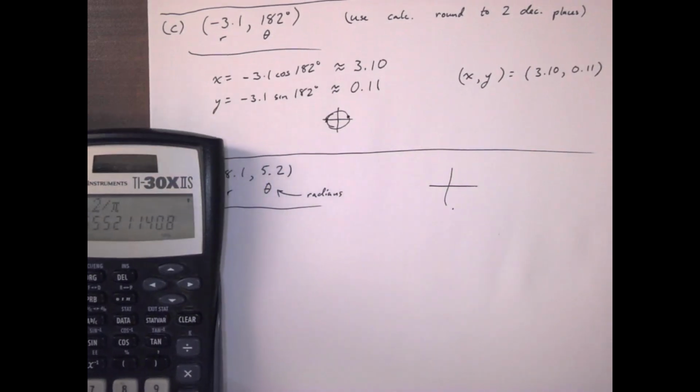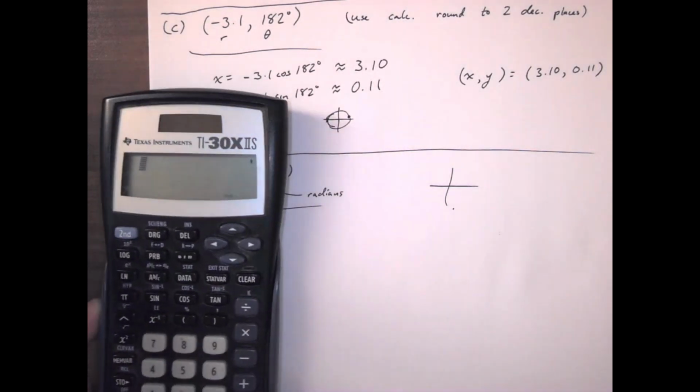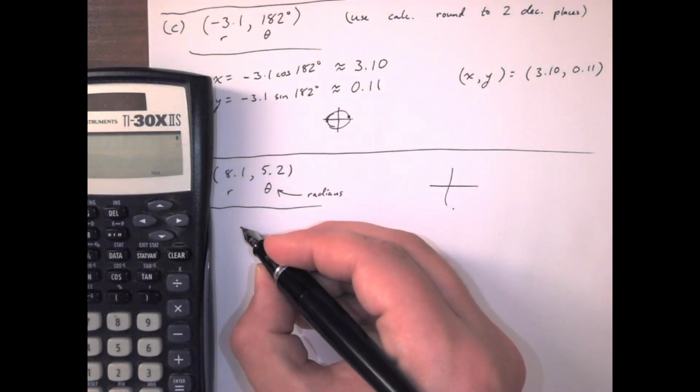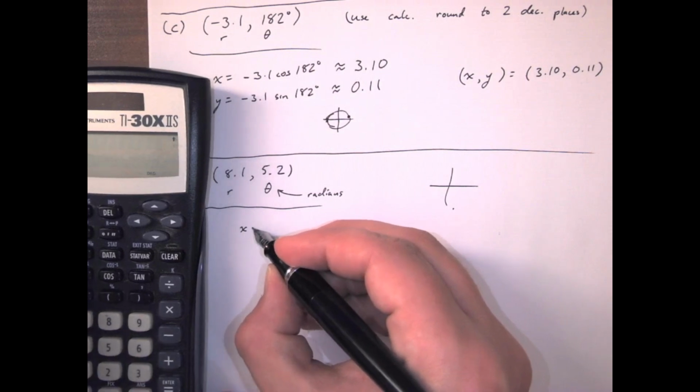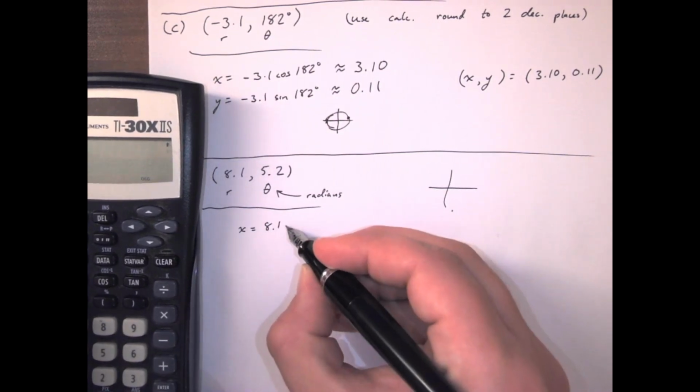The reason why you might want to figure out the approximate position of your point is that it's very easy to go on autopilot and just leave your calculator the way it was and put in the new numbers.